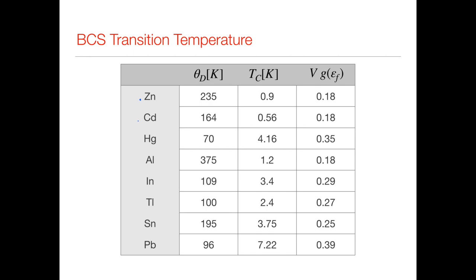Two that kind of stand out here possibly are mercury and lead. They're both very heavy materials, and their Debye frequency is low, but they do have the highest TC, particularly lead, which has quite a large TC. Why is that? Well, the mass isn't helping, that's definitely reducing TC, but remember that the electron-phonon coupling strength comes in through an exponential, and these have the highest electron-phonon coupling strengths.